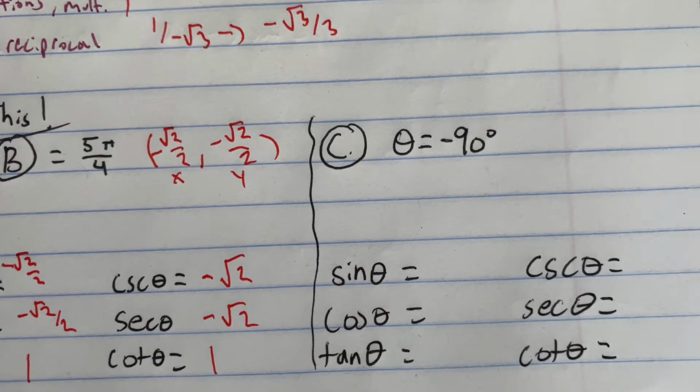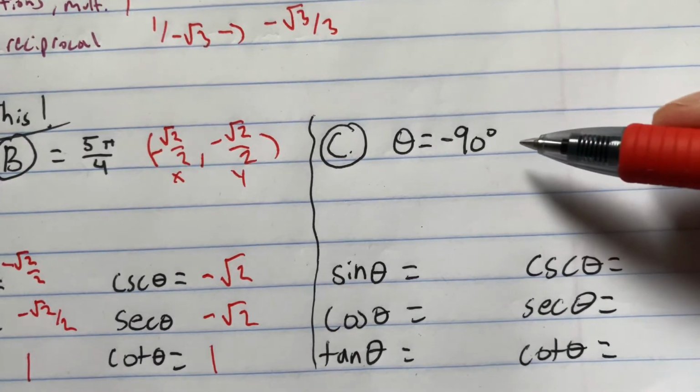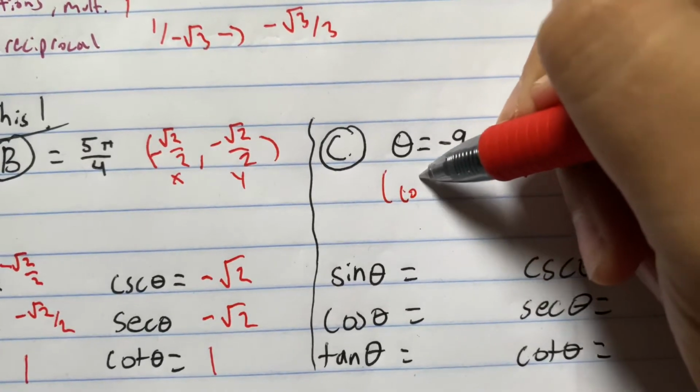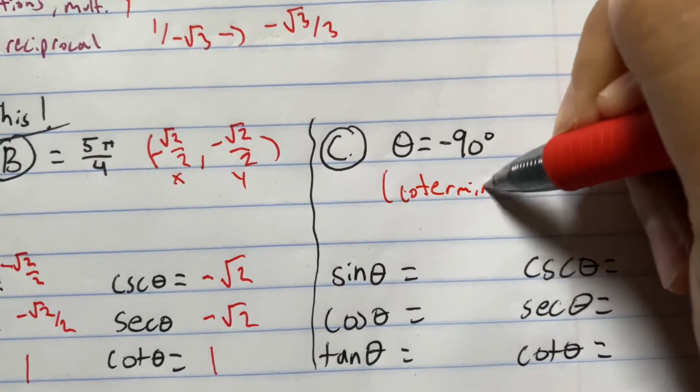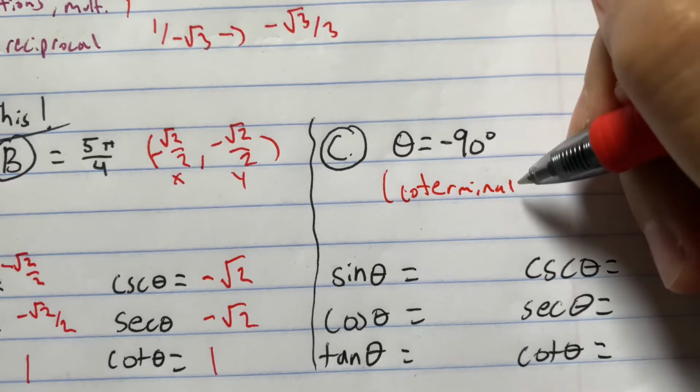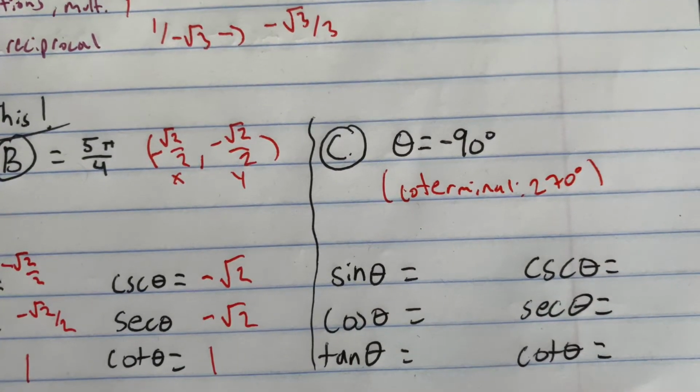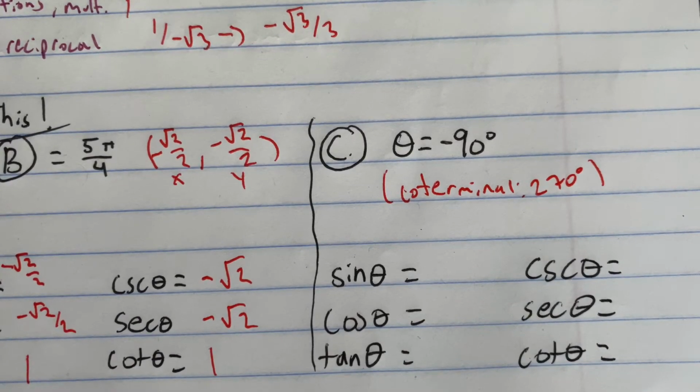Now that you've done this one on your own, again, I apologize. We know that the coterminal of negative 90 is 270 degrees. That's the same thing as negative 90 degrees.